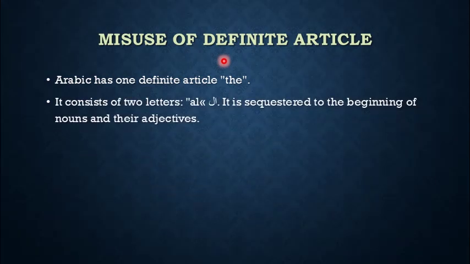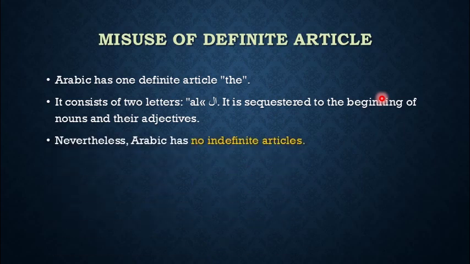Al consists of two letters, طبعا اللي احنا عارفينهم. It is attached to the beginning of nouns and their adjectives: الولد الجميل, الولد الذكي. This is the definite article, and it is the only article that we have in Arabic.